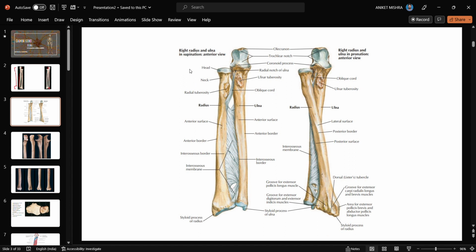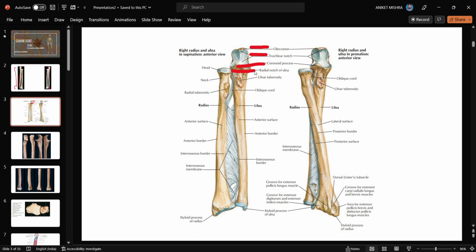The upper end has an olecranon process, a coronoid process, a trochlear notch, and also a radial notch. These are the four major parts which are present at the upper end of the ulna.